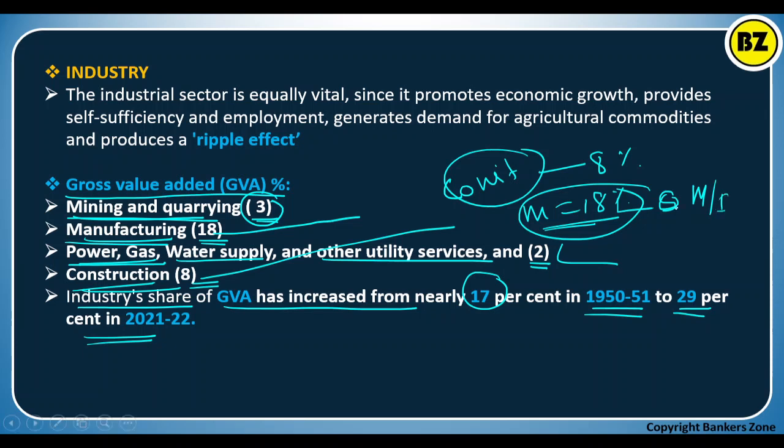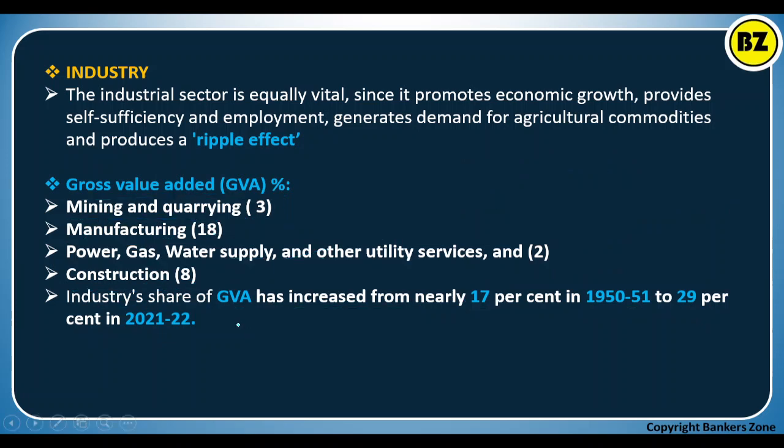It is not important for you to remember those figures, but you have to understand what comes under the industry. Under the industry or secondary sector, you get mining and quarrying, manufacturing, power, gas, water supply or other utility, and construction. That is also important when we discuss the types.